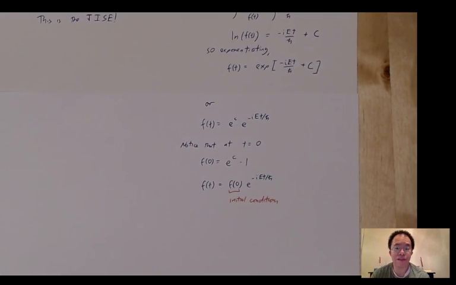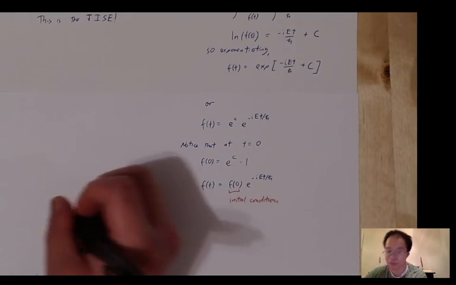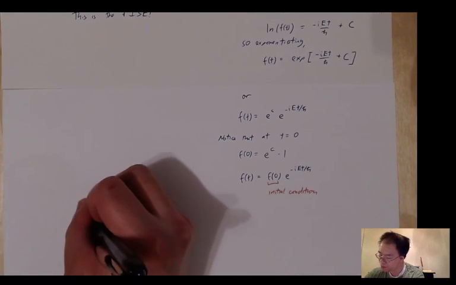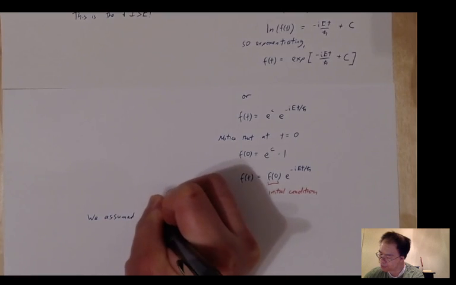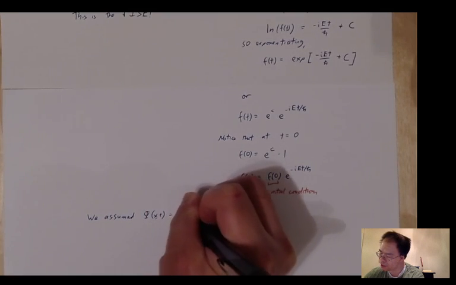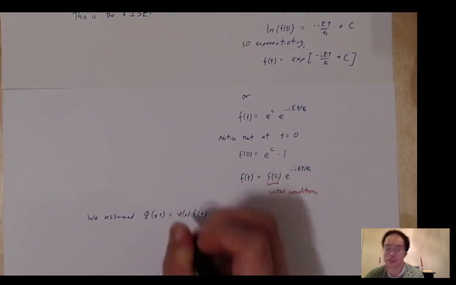So we're nearly done. We can now just lump this all back together. Remember, our assumption was that capital psi of x, t equals psi of x times f of t.